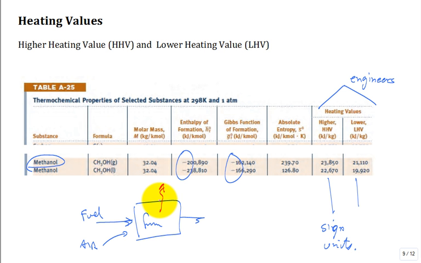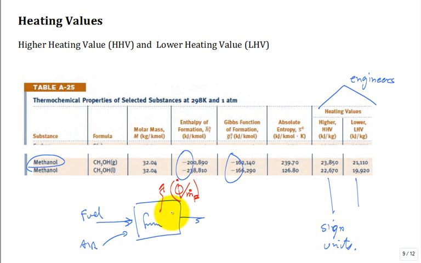I'm trying to heat something up, get some warm water for some process or something else useful. I'm interested in this as a positive, good product out of that furnace. True? And so it's Q dot divided by m dot. It's the rate of heat transfer per unit mass flow rate of that fuel.